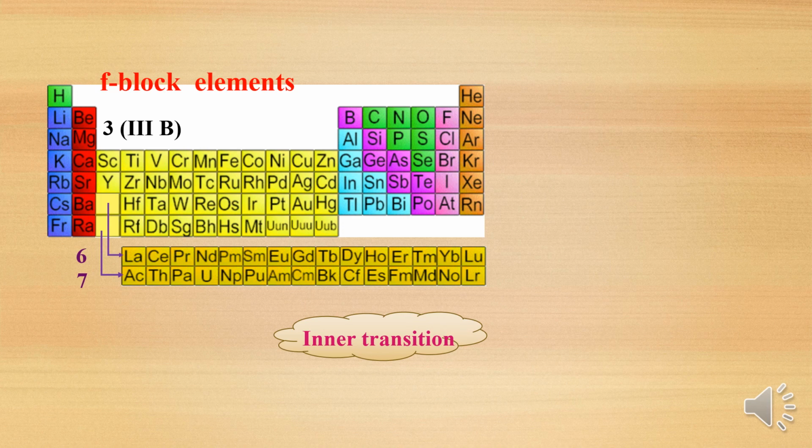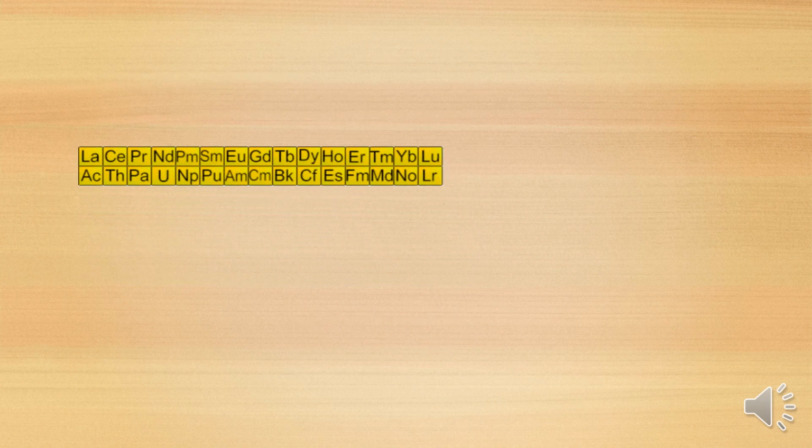After lanthanum and after actinium there are 14 elements each. So these 28 elements are called F block elements.